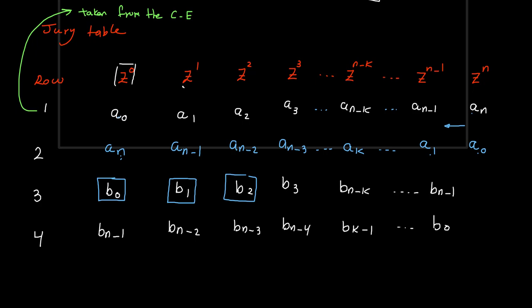So simply, if I need to write a general form for b_k, it will be the determinant of a0, a_n, a_(n-k), a_k.